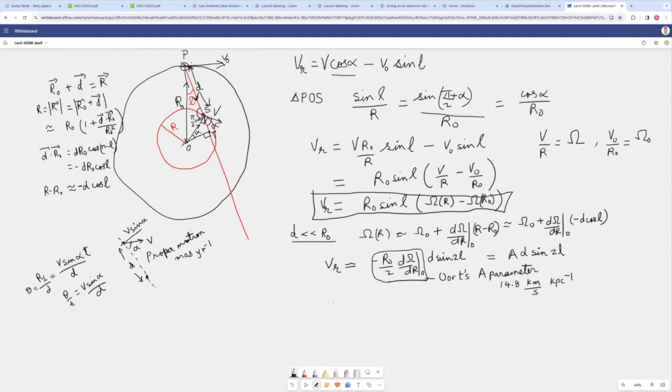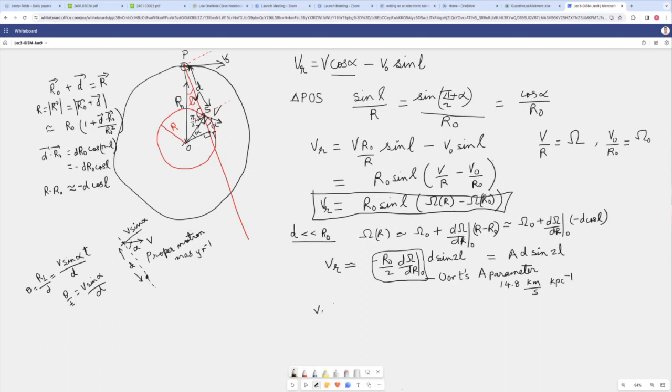So this is the direction perpendicular to the line of sight. This is the direction perpendicular to the line of sight. Right. So what is the transverse velocity?